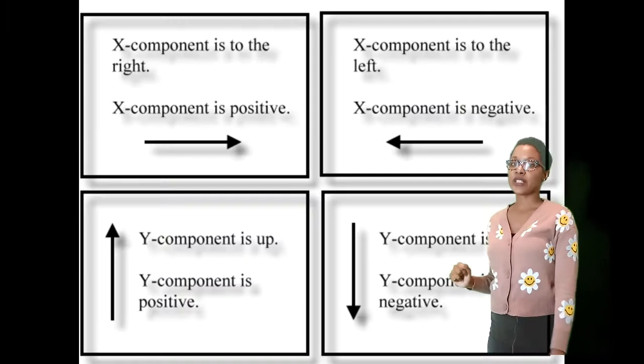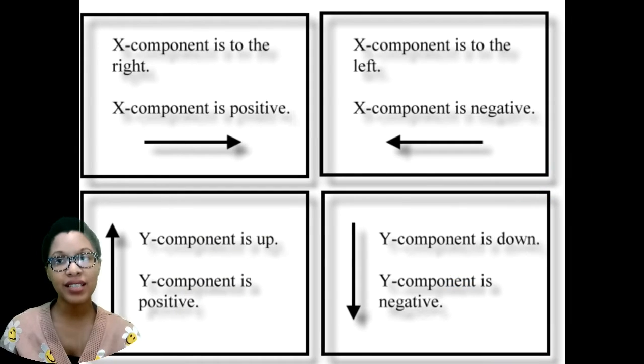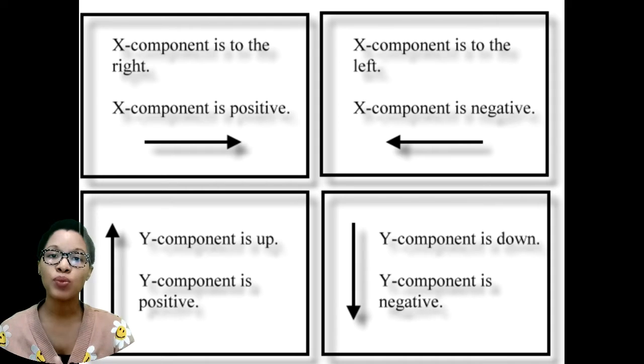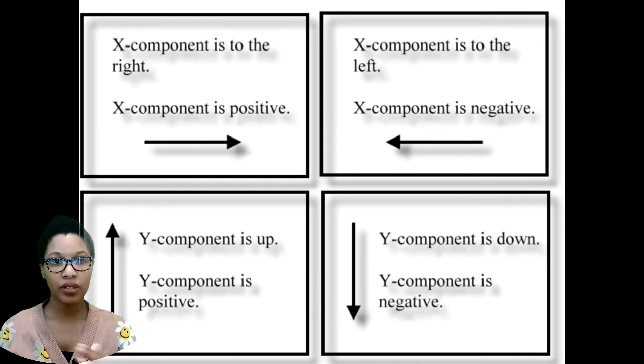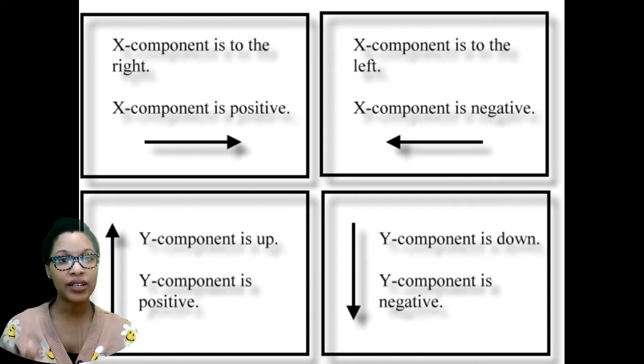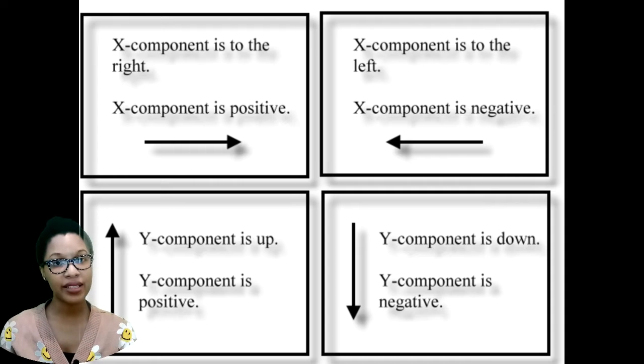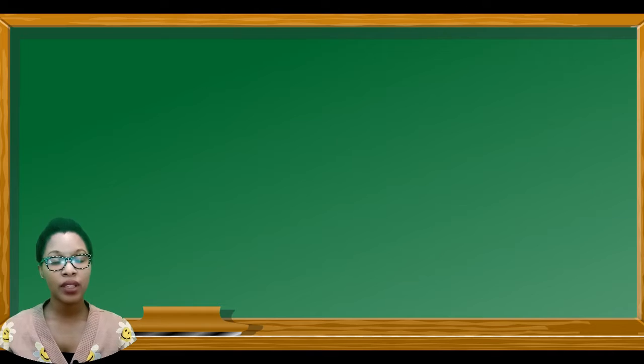So let's draw some vectors. Before we get started, we need to note that movement to the right and upward is positive, and to the left and downward is negative. If you remember the Cartesian plane, x is left to right and up and down is y.